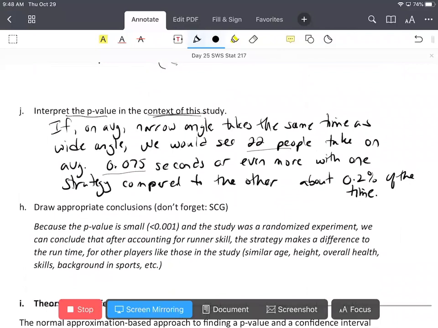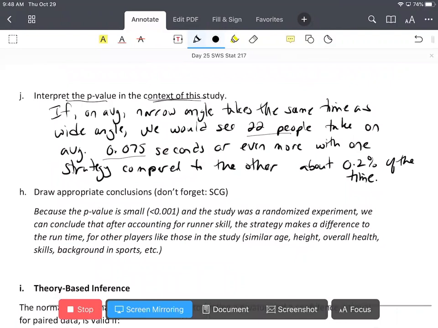So now let's draw appropriate conclusions. And this should be 0.002. I did that earlier and it came out with 0 instead, so let's be consistent. Draw my conclusions. Remember, we want to look at SCG. Because the p-value is small, in this case 0.002, and the study was a randomized experiment, we can conclude that after accounting for runner skill, the strategy makes a difference in the runtime for players like those in the study.